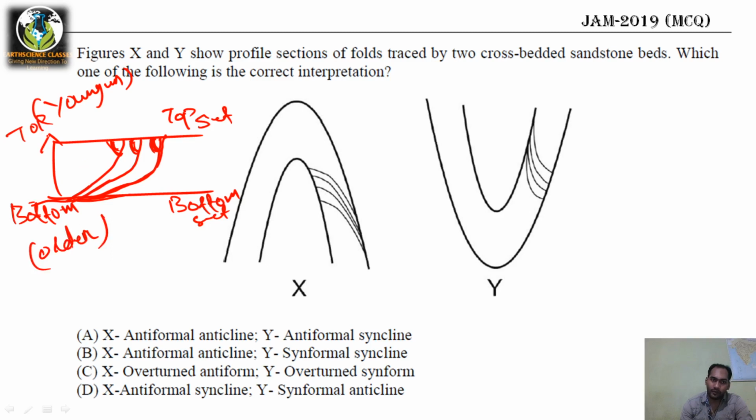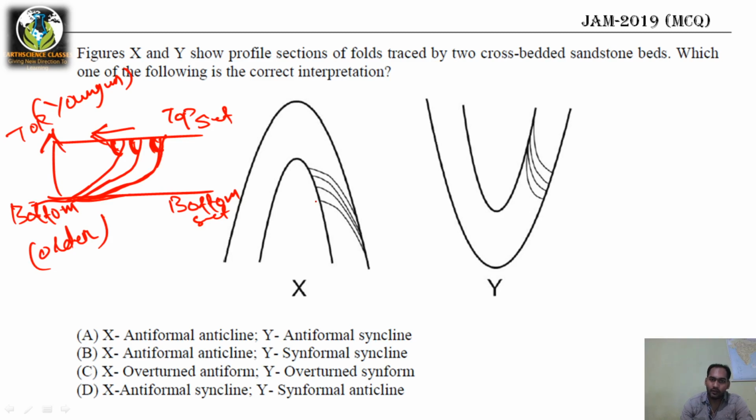Younging direction. It can also show paleocurrent direction. In sedimentary structure, we are studying this, and we can also get information of paleocurrent direction. And this is the top bottom criteria or younging criteria. So the direction at which you are getting high angle is your younger.